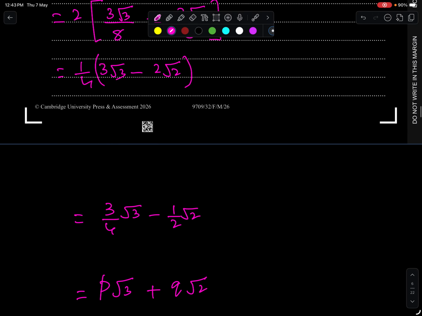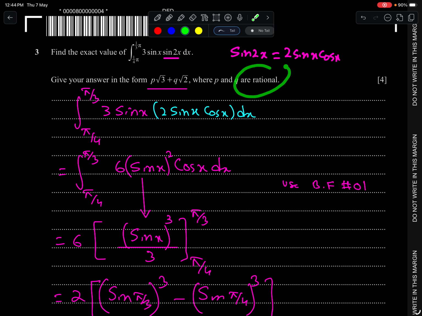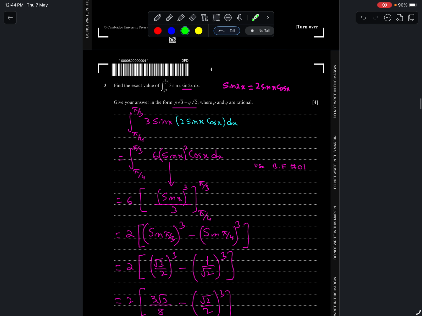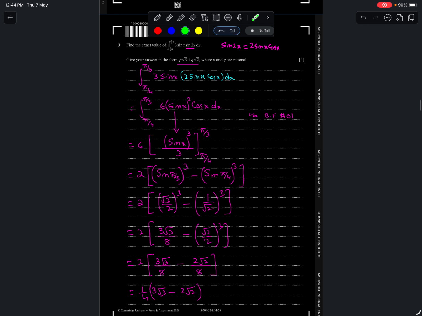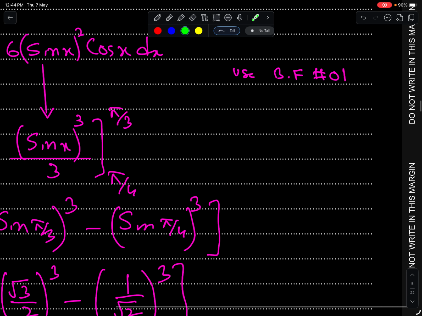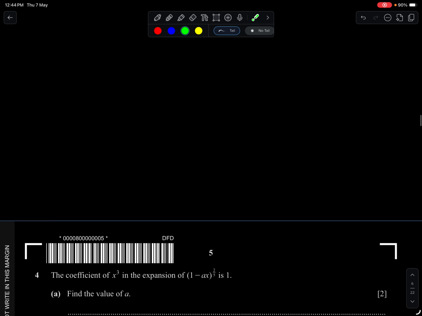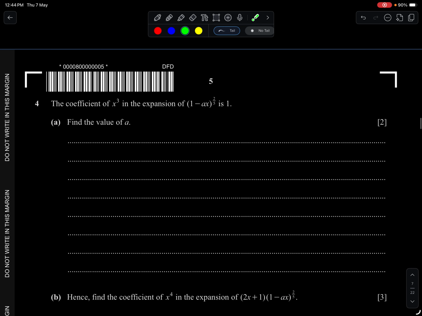Fractions of integers mean rational numbers. So we have got the values of p and q. Please check this solution again. Your algebra must be very good for P3, because P3 involves a lot of algebra. So you should practice as many papers as possible. Next question.